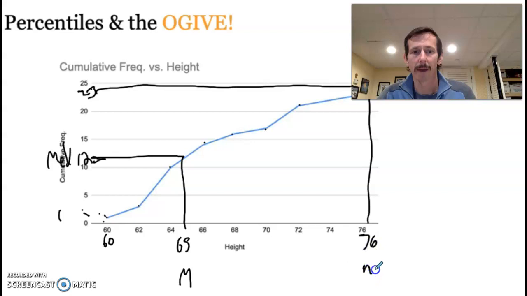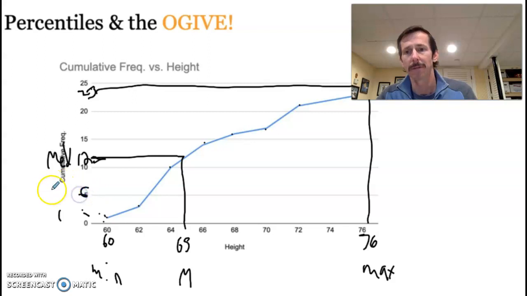So that was my max, and that's my min, and I found the median by going to the middle part. Now, between 0 and 12, the first quartile would be halfway in between. So if 12 is my median, right around 6 would be my first quartile.